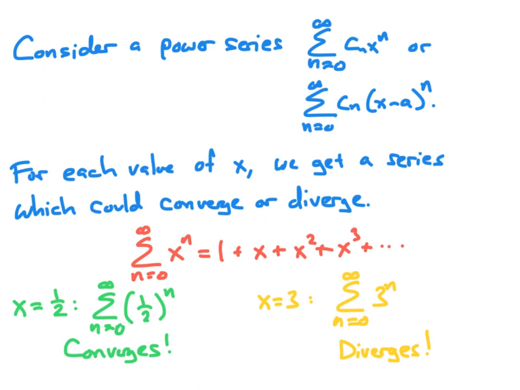For this particular example, we actually know which x will produce a convergent series and which will produce a divergent series because we know exactly how the geometric series behaves. But for a general power series, we'll typically have to analyze this. And so one of the next steps in studying power series is to look at how to determine for which values of x the series will converge and for which values of x they'll diverge.